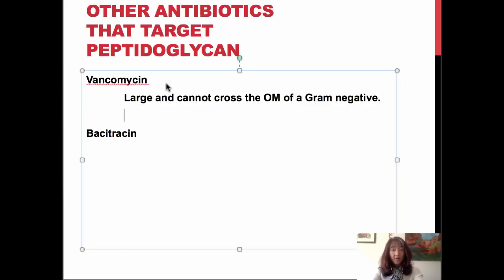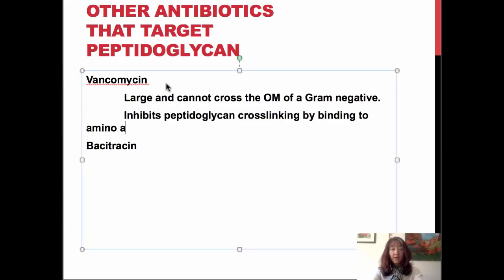We also recall that it inhibits peptidoglycan cross-linking by binding to amino acids of an elongating tetrapeptide chain, and therefore gets in the way of making that tetrapeptide chain.